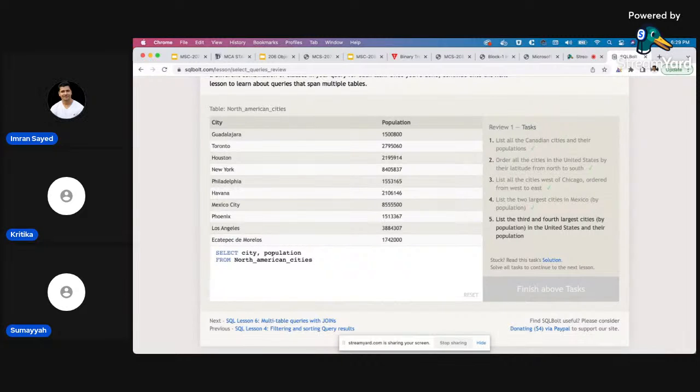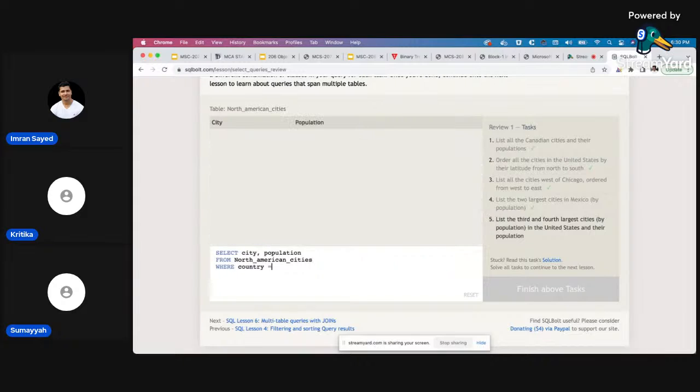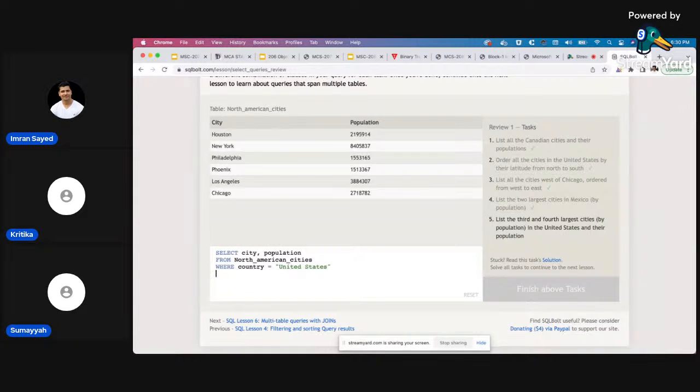So what I'll do is you'll say where first, where you want it from. You want it from the country, which is United States. So I'll say country equals United States. And I want third and fourth largest cities. So we'll set the offset, and we'll start it from the third, and then we'll limit it to 2.